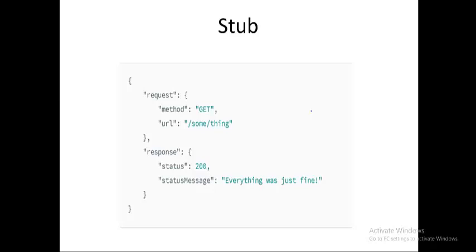A mock internally uses stubs. If you haven't gone through my previous lecture on the difference between stub, mock and fake, please go through it, as it gives the essential knowledge required for this content. So this is the stub capability: however many times you hit it, it gives the same response. Accordingly you will have as many stubs as you need to test.